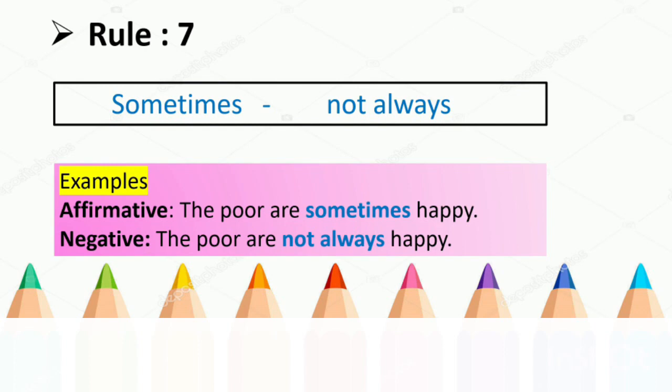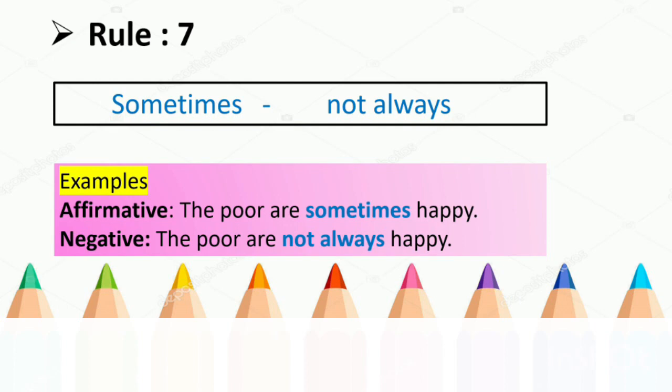Here you might be thinking why I have used are with poor, because it looks like a singular form, right? But it is not so. When we use the before any noun, that means it is used for the entire group of people, and that's why I have used the plural verb are.